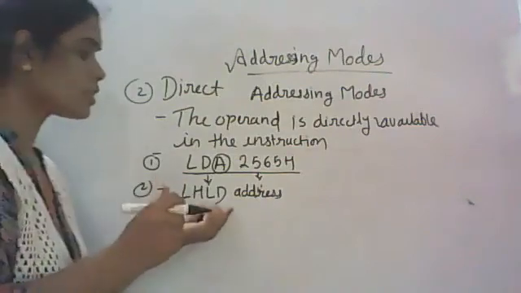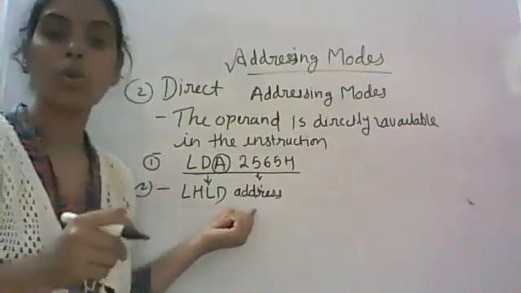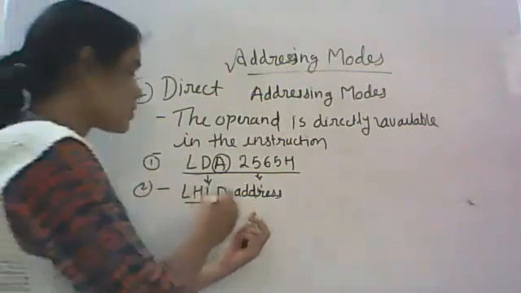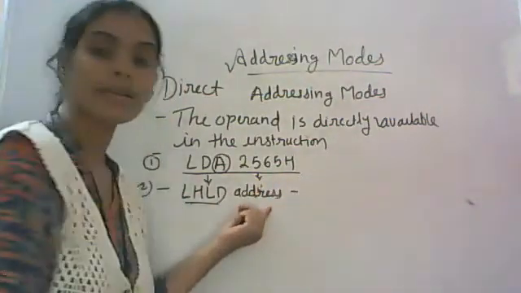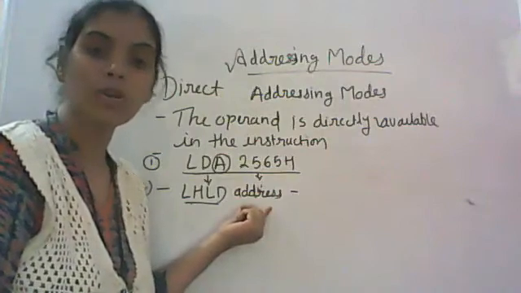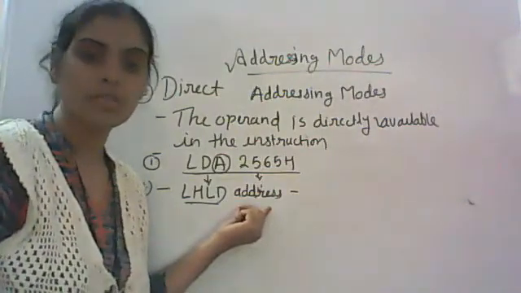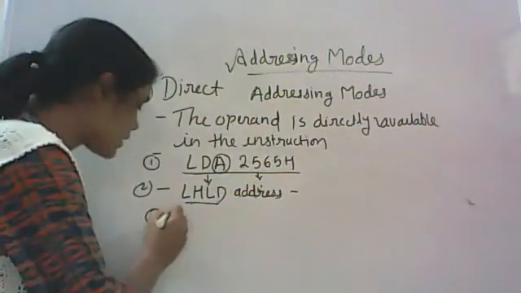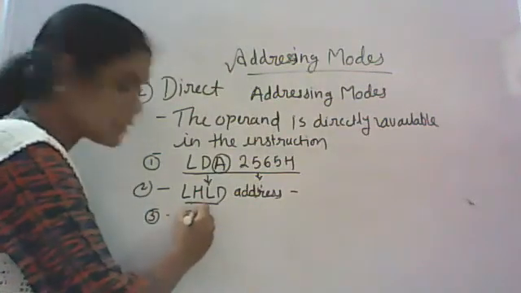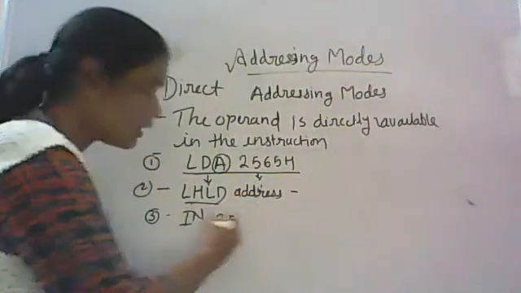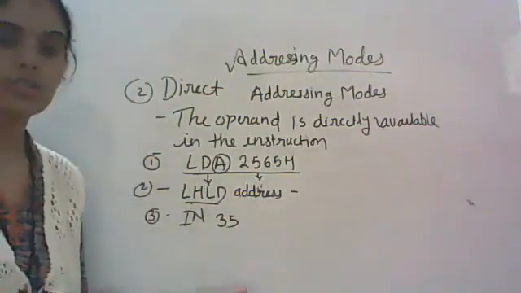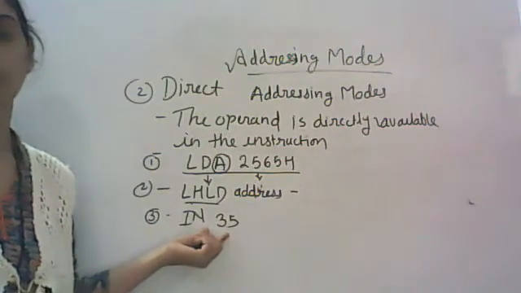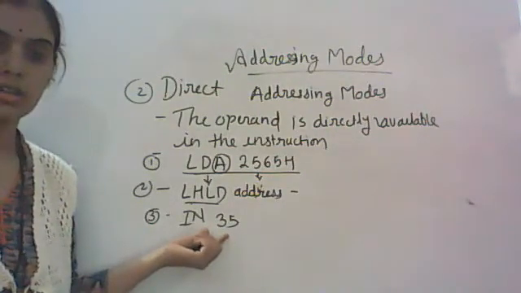In this instruction, LHLD address, load the content of the 16-bit memory location into the HL register pair. Now, again we see the next example, that is IN 35. In this instruction, read data from the port whose address is 35.